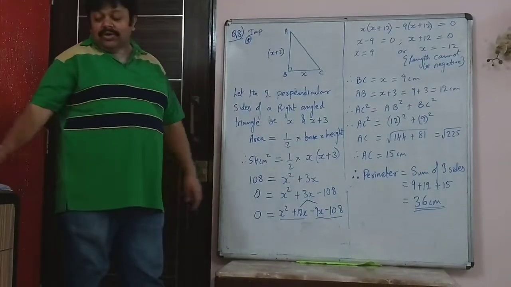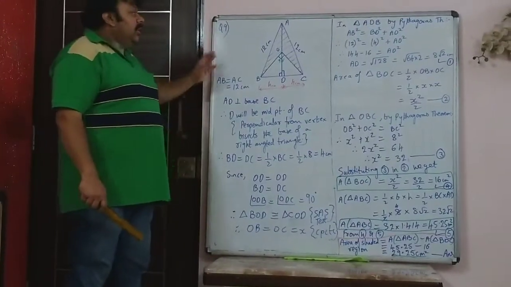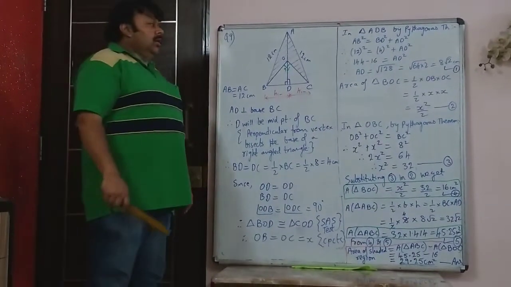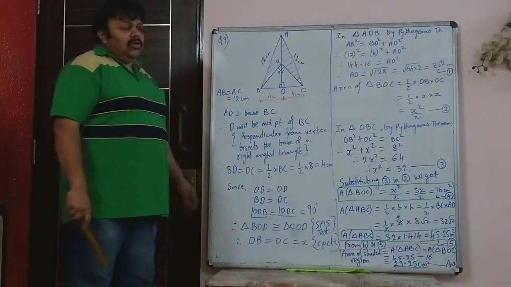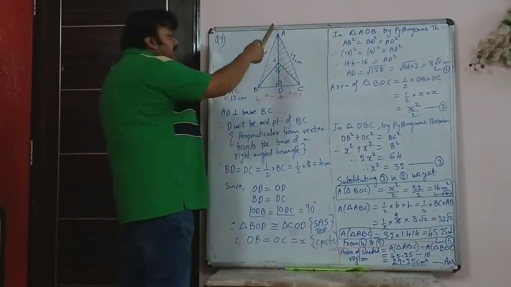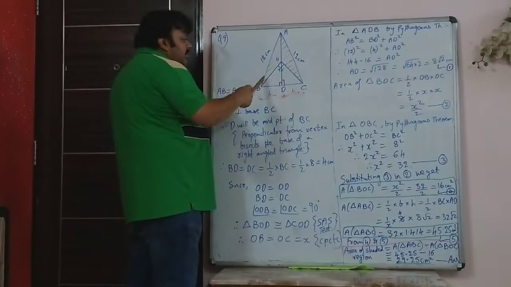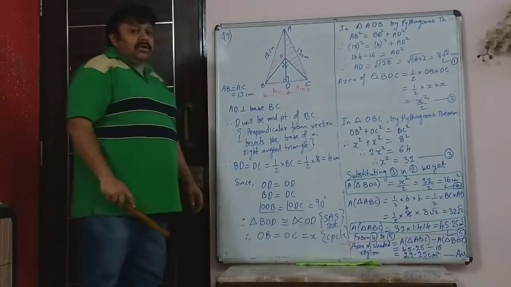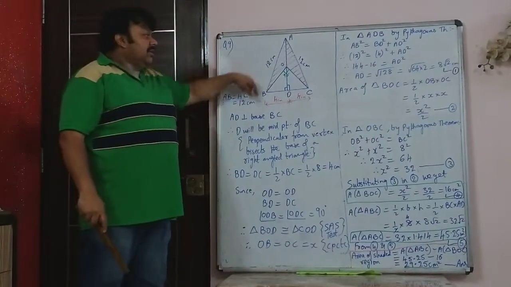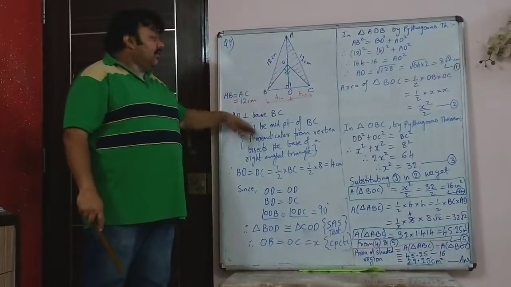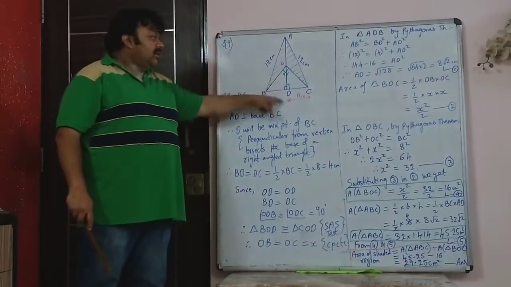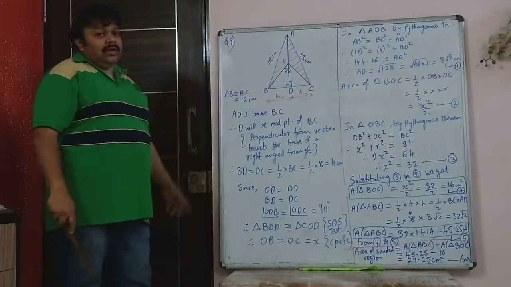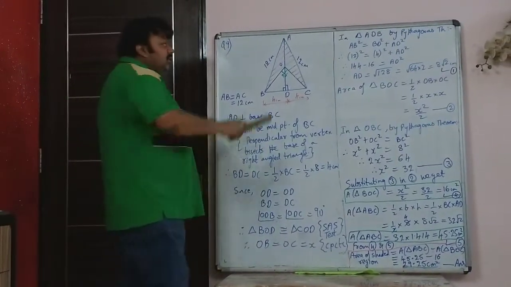Mark this as important. In the 9th question, you are asked the area of the shaded region. So obviously it is area of the big triangle minus area of the small triangle. Now the big triangle, half into base, which is already given as 8, into height. So you need to find the height, which you can easily do.